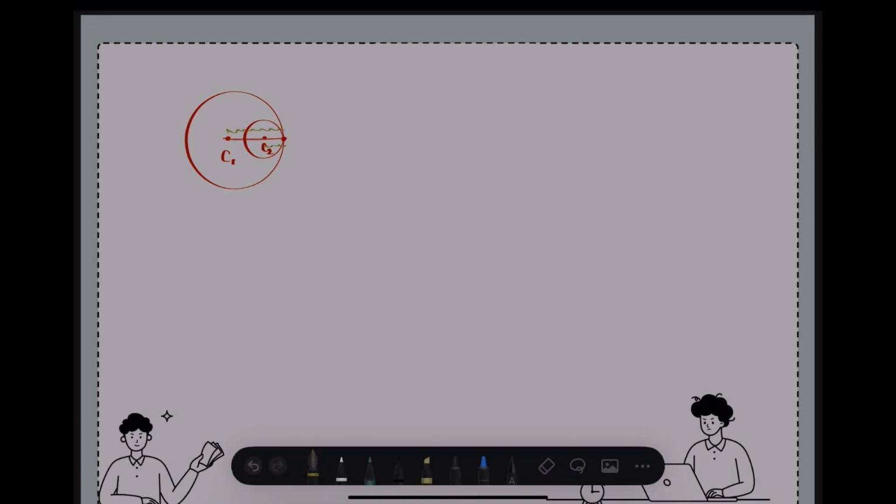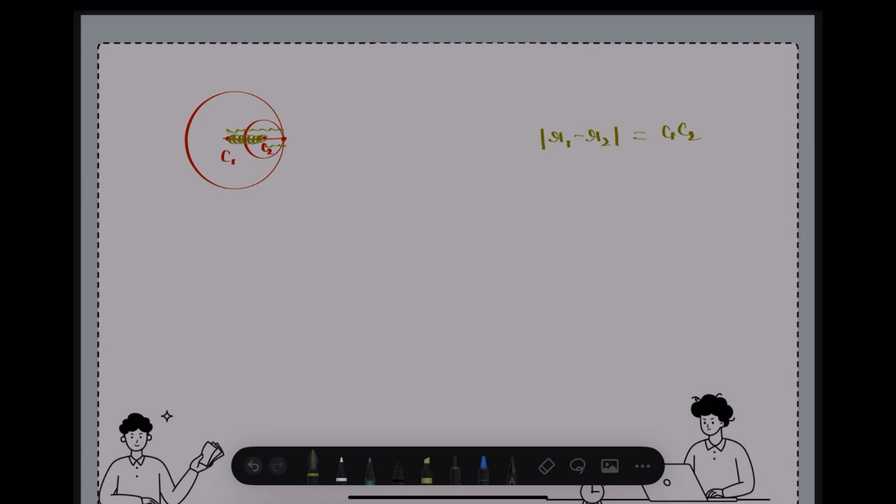This is radius 2. Okay. Now can I say that the sum of the radii will always be greater, correct? But if you go with the difference of radii, R1 minus R2, don't you think that the difference of radii will be equal to the distance between the centers?